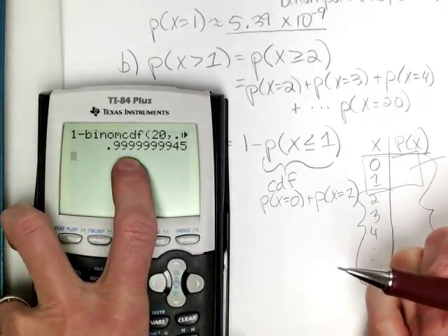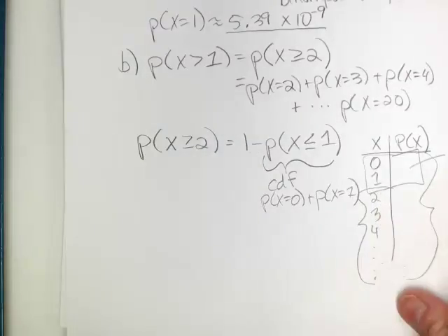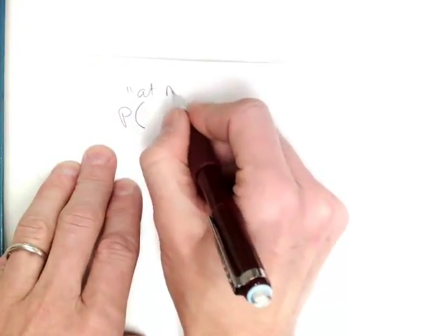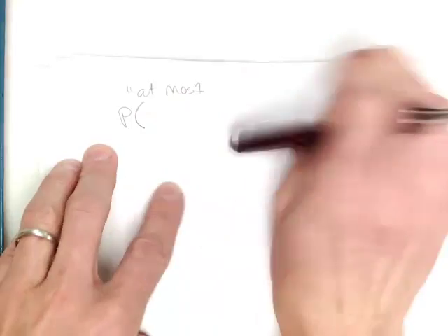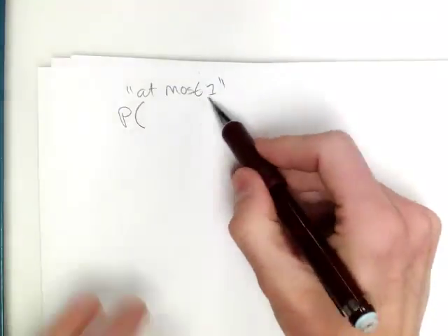Now let's take a look at part C. Part C is at most 1. So the probability of at most 1 includes the 1.